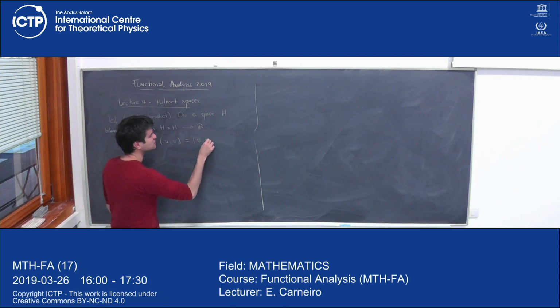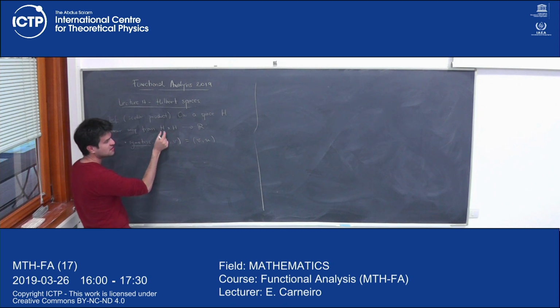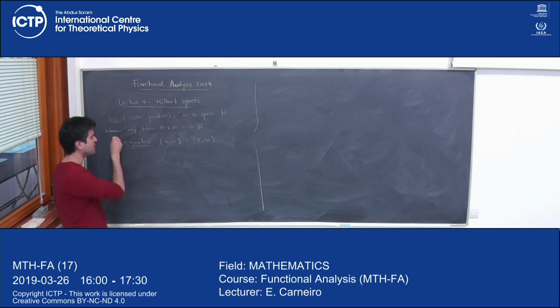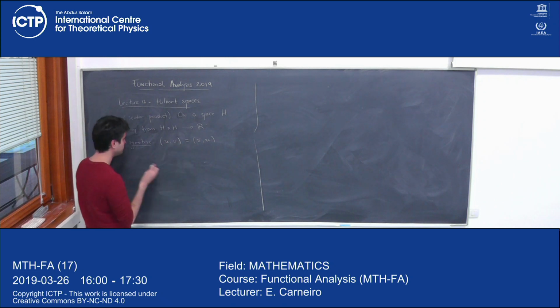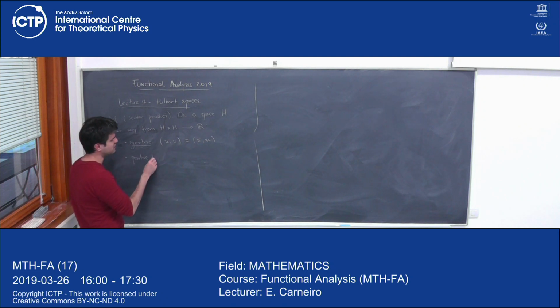So (u,v) is equal to (v,u). Remember, for every pair of vectors in H cross H, I will associate a real number. It's bilinear in each entry. I'm saying that it's symmetric, and perhaps positive definite.